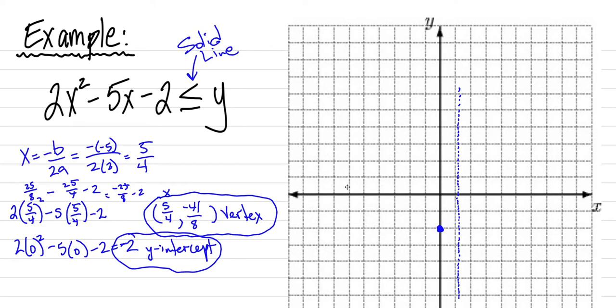And then negative 41/8 means I'm going to go down 5 1/8 squares. So if you did it on your calculator, you would have gotten negative 5.125. So 1, 2, 3, 4. Maybe you're a lot more comfortable with decimals, and that'd be fine. 1, 2, 3, 4, 5. And I'm just going to guess where that is, but it's right there.